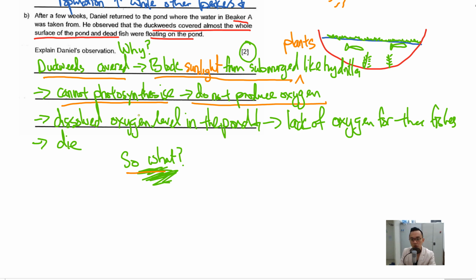And so what if they do not produce oxygen? The dissolved oxygen level in the pond will decrease. And so what? There'll be lack of oxygen for the fishes. And so what? And they will die. Okay, so you have to get the train of thought correct as to what are the effects of all the different points. Then you can get your full 2 marks.